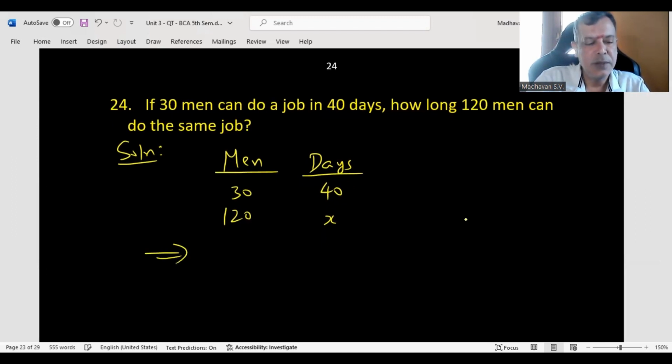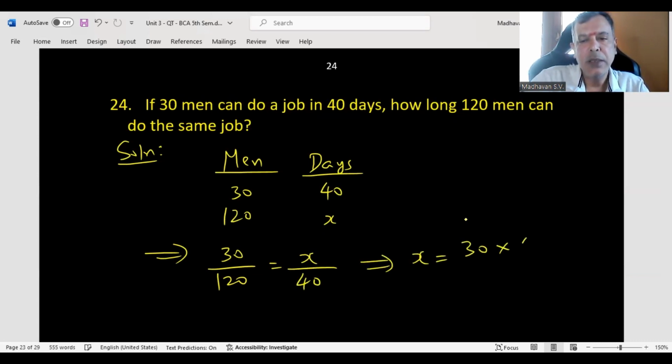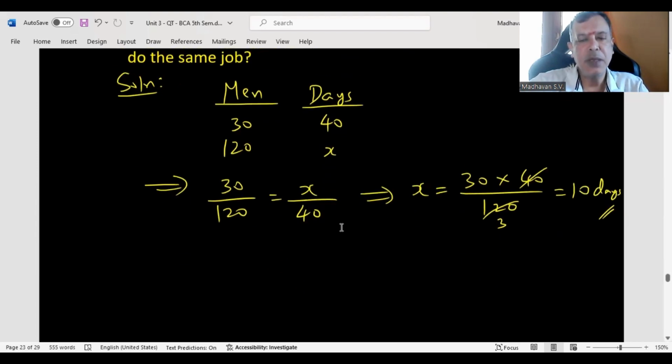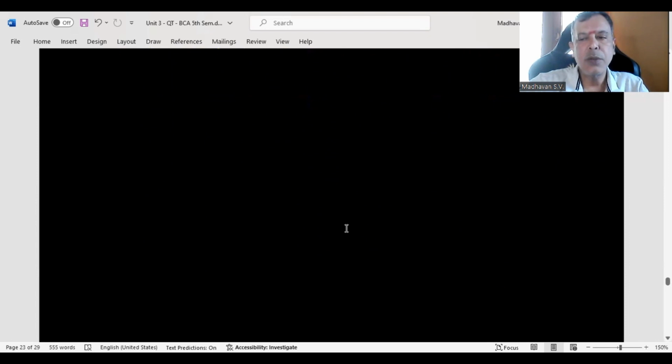So we can rewrite this as 30 by 120 equal to x by 40, which means x is equal to 30 into 40 divided by 120. This goes with this 3 times, that means 10 days. So 120 men can finish the same job in 10 days. Let us go to the next one.